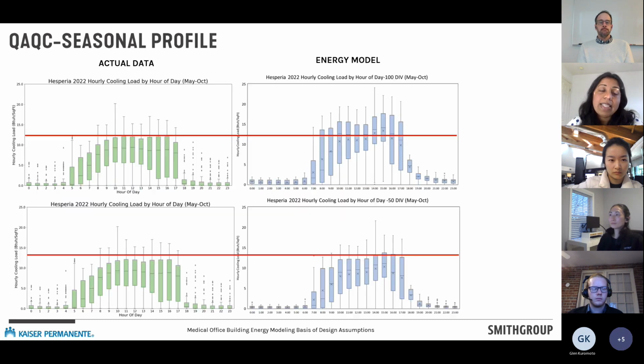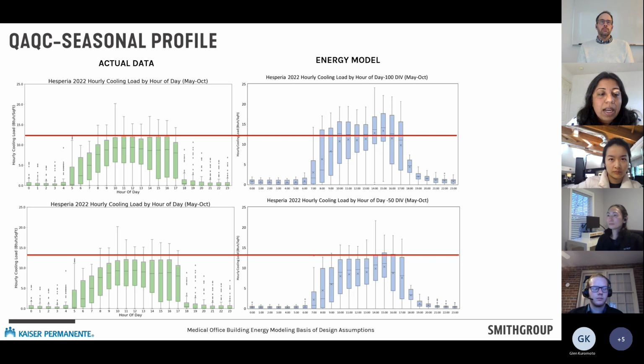Okay. Next thing we wanted to check is, since we based all our loads, assumptions, and schedules on the cooling profile, how our model is operating, especially in the cooling months, May to October. In the first set of data, we are comparing actual data with 100% diversity. And in the second one, we are comparing with 50% diversity on the energy model.